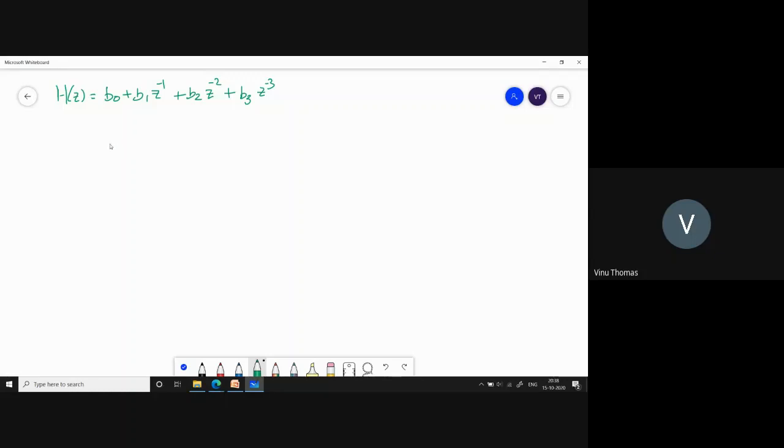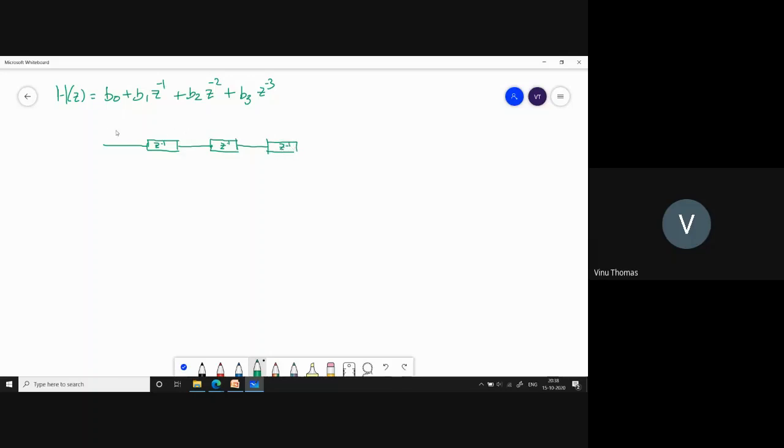So I have an x of n. It has to be delayed by z raised to minus 1, which I show as a block. I will write z raised to minus 1, which is a unit delay. Then again it's delayed by z raised to minus 1, shown again as a block, and this is delayed by z raised to minus 1. I have 3 delay elements as per the above equation.